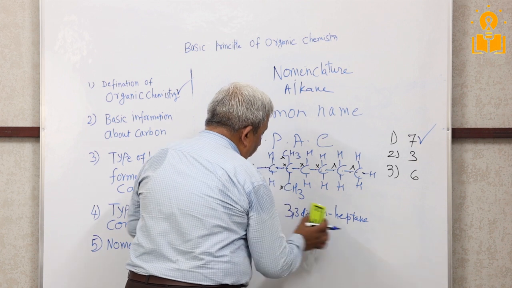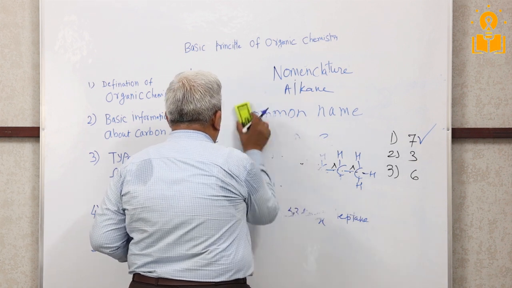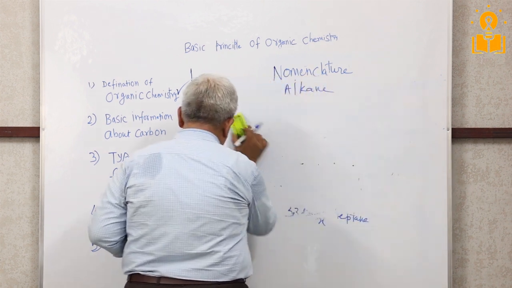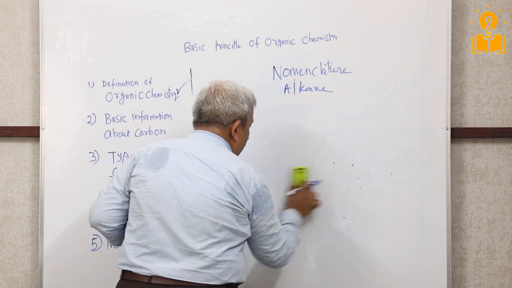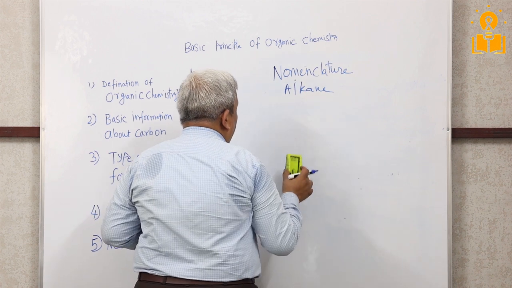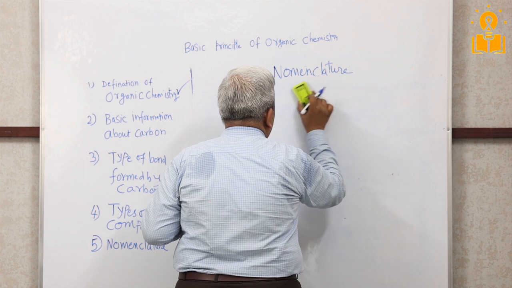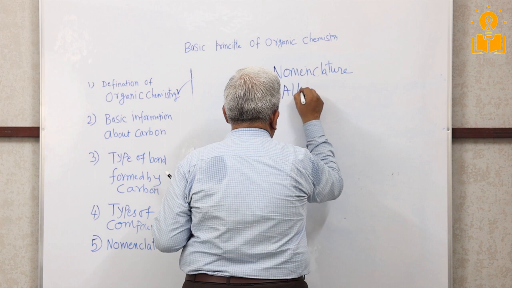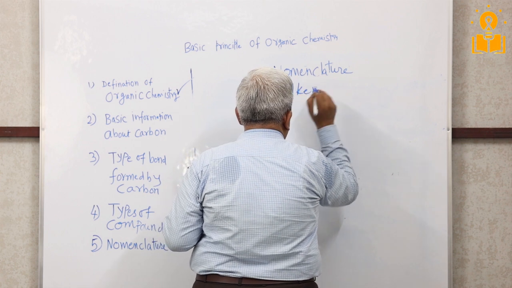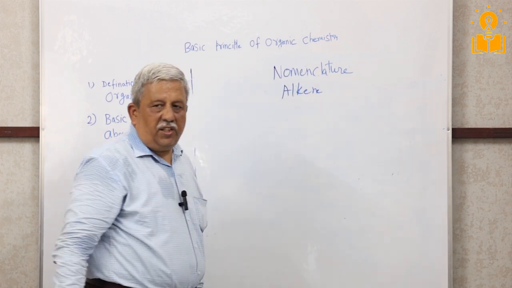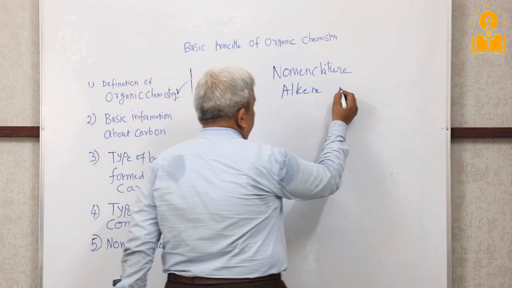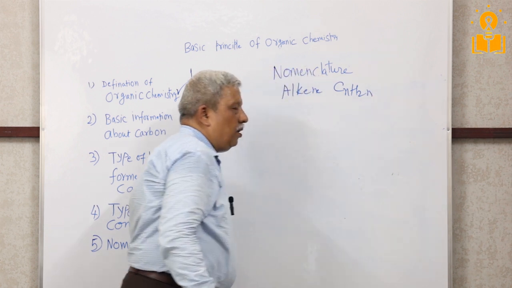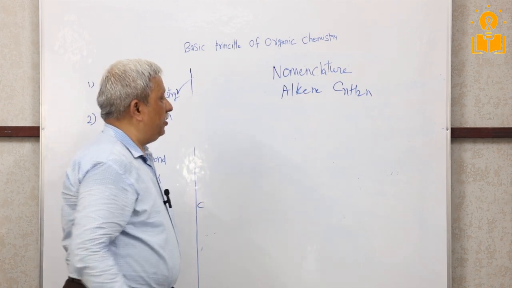Now we are going to see the nomenclature for alkenes. What is the general formula for alkenes? CnH2n.